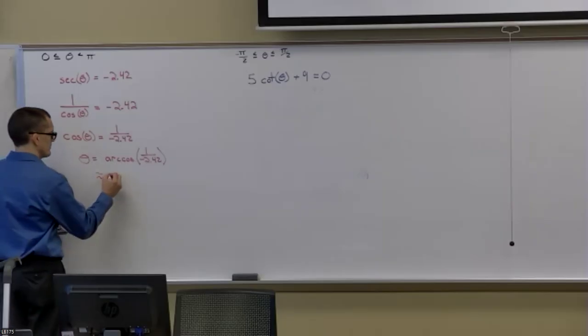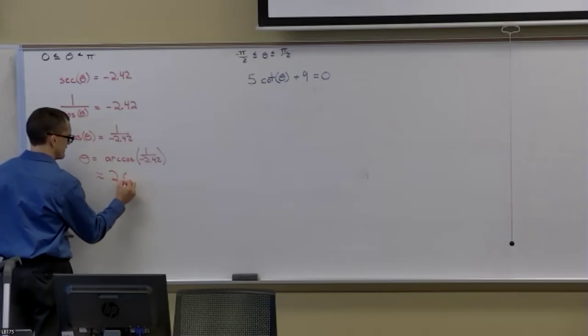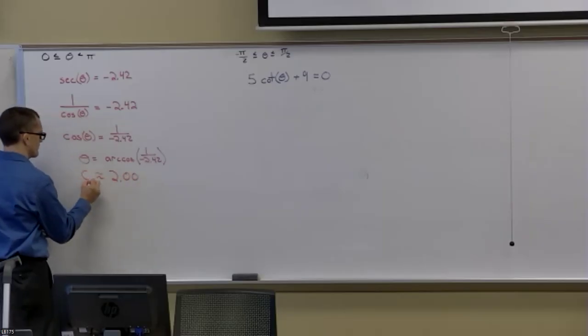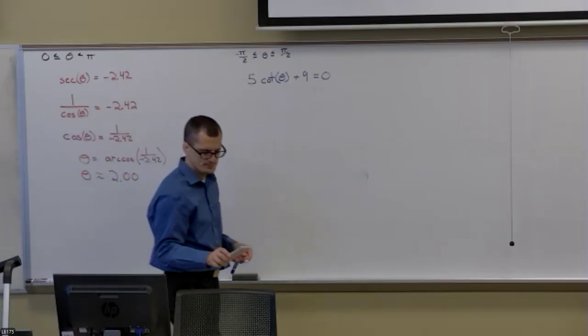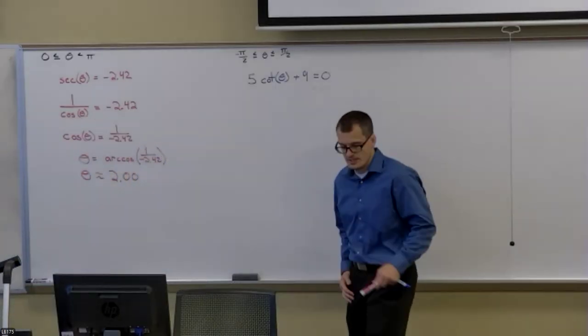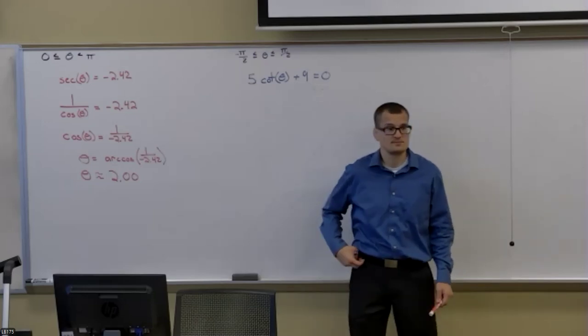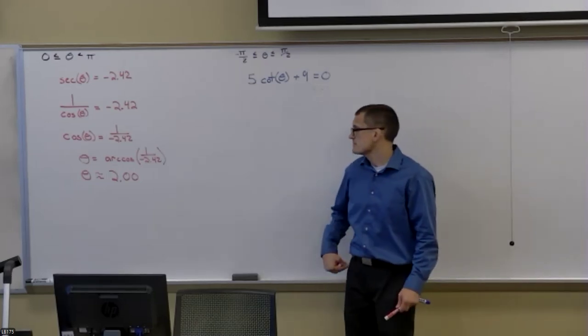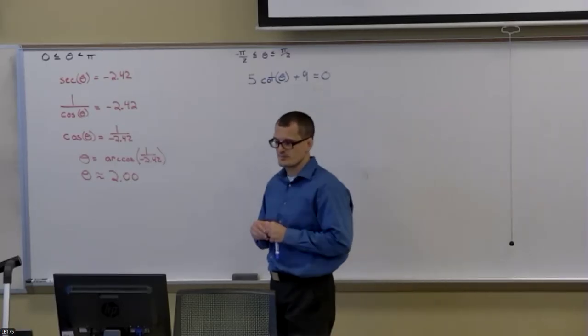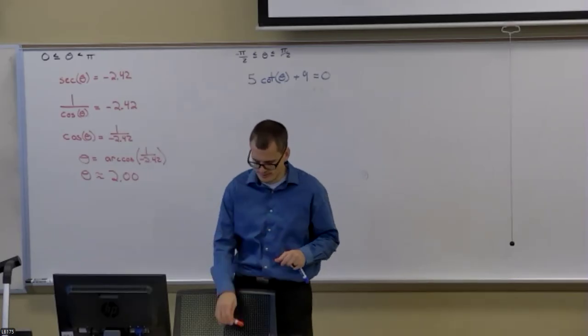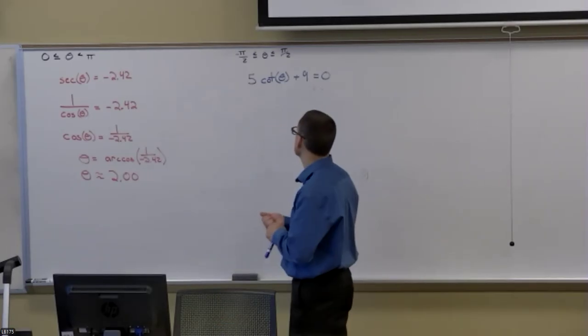We get 2.00, rounding to 2 decimal places. Again, if you want to write cosine with the negative 1 sign, inverse, that's fine. Everybody all right with that? So there we are. That's it. So if we're given secant, we can do it that way.